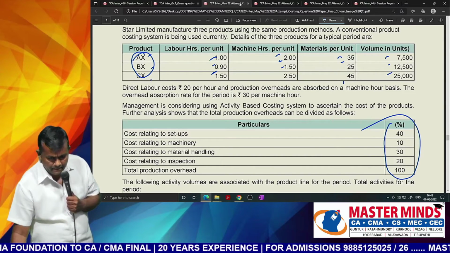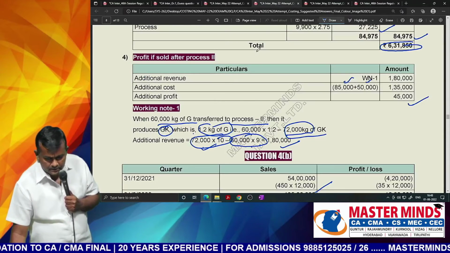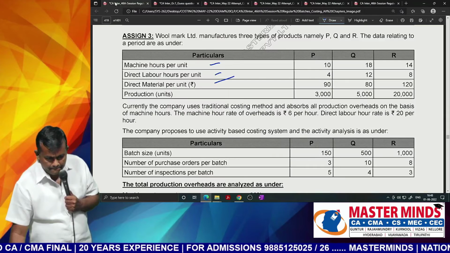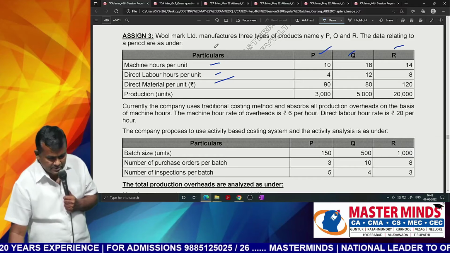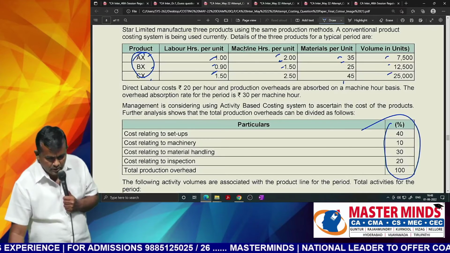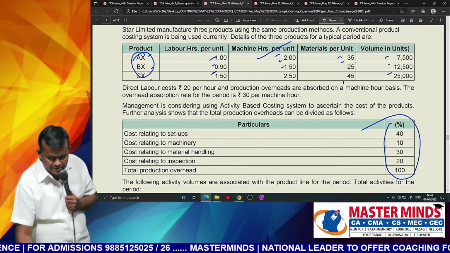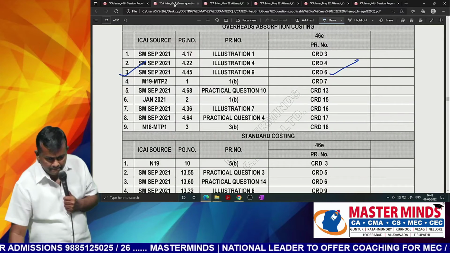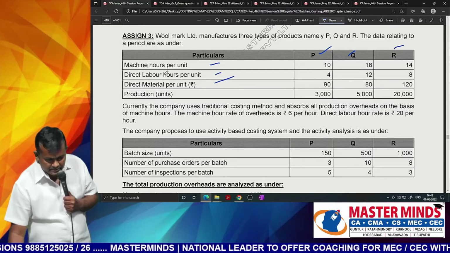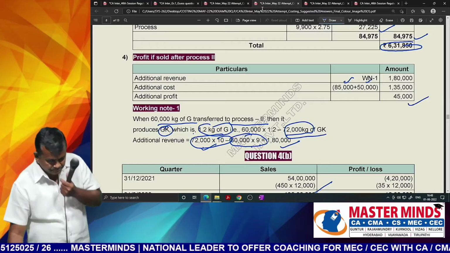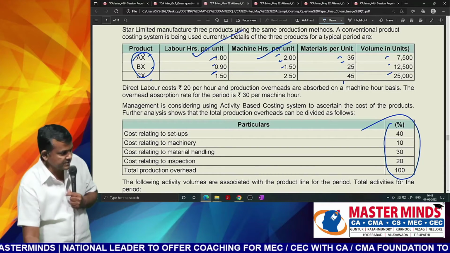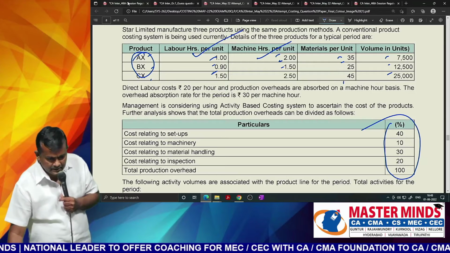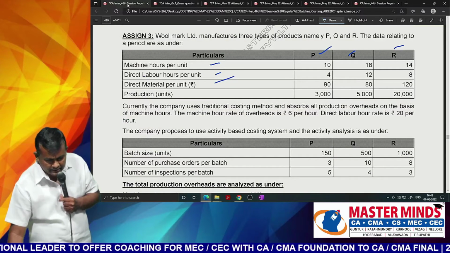Here PQR. Next, machine hours per unit. Next, direct labor hours per unit. Next, direct material per unit, sir.